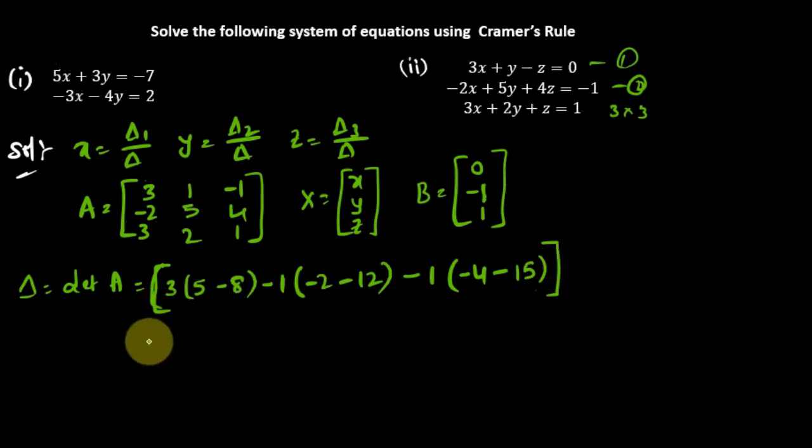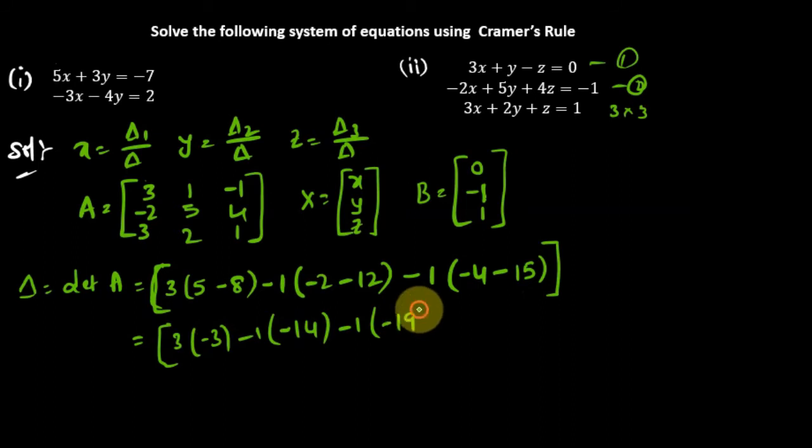Now I will simplify this and find the value of the determinant of A. So this will be 3 as it is. 5 minus 8 is minus 3. Here minus 1 into minus 2 and minus 12, total it will become minus 14. Again minus 1 into minus 4 minus 15 is minus 19. Now we'll open this bracket. 3 threes is minus 9 here, minus 3 is there.